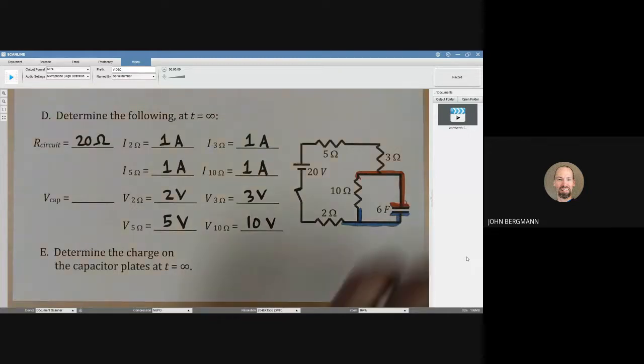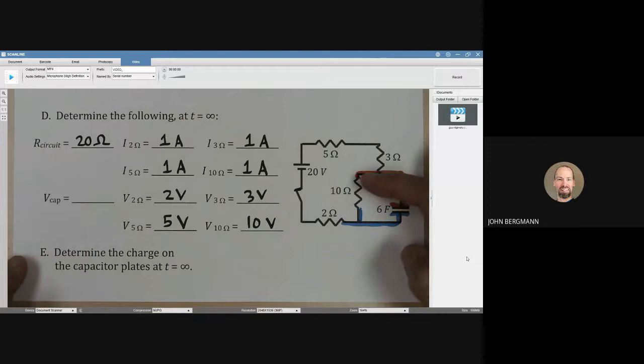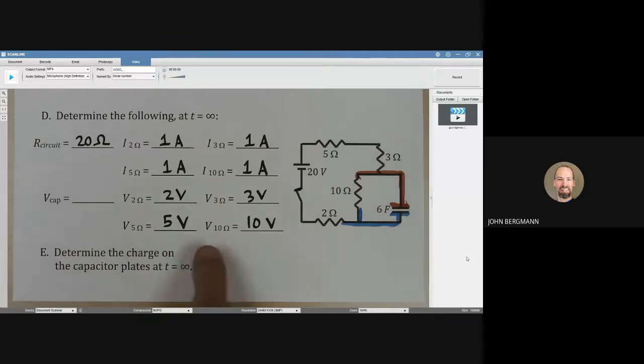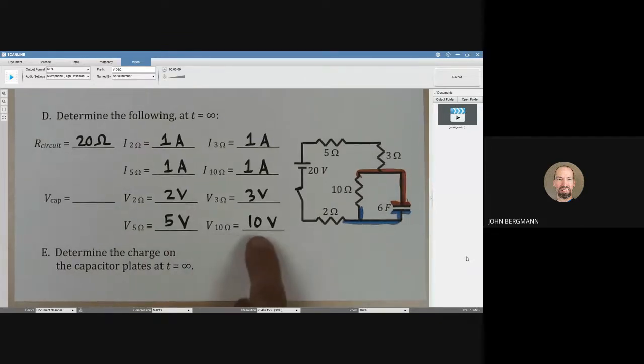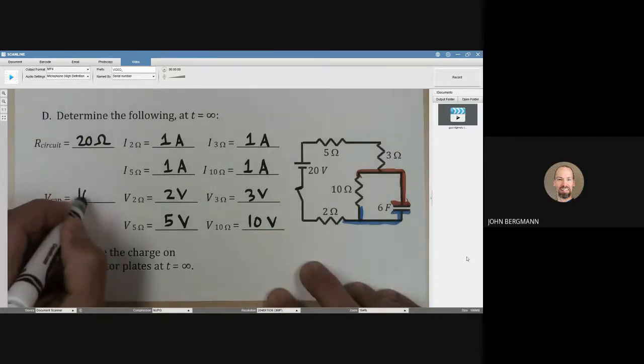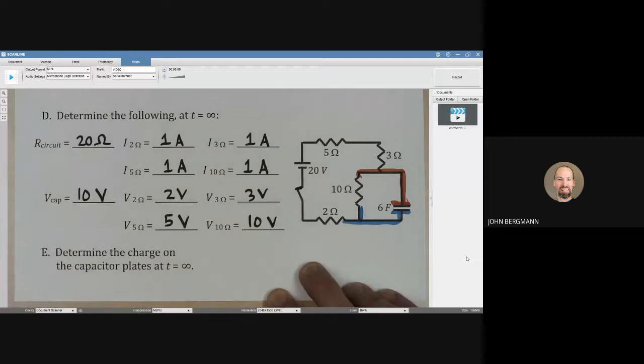So this color coding shows us that the voltage drop across the 10 ohm resistor and the voltage drop across the capacitor are equal. Red to blue, red to blue. So whatever the 10 ohm resistor's voltage difference was, which is 10 volts, that's got to be what the pressure difference across the capacitor is.